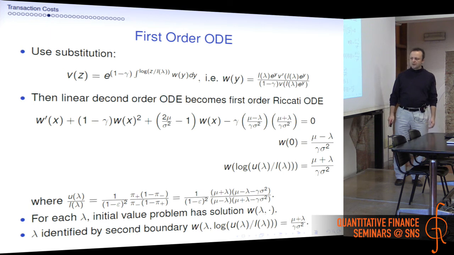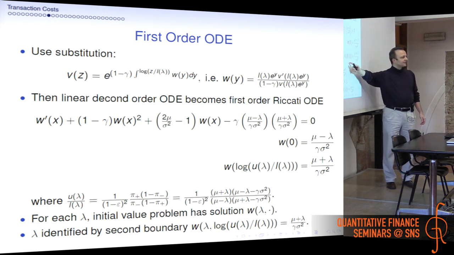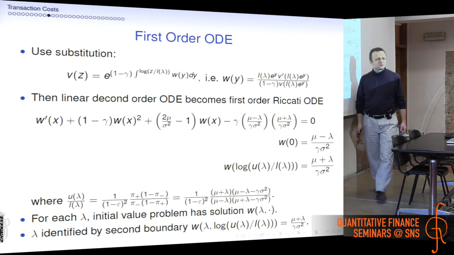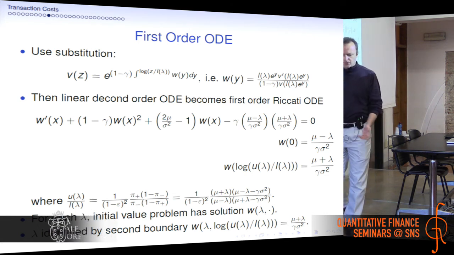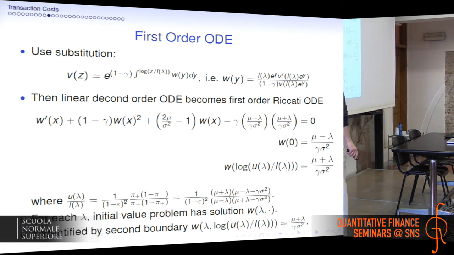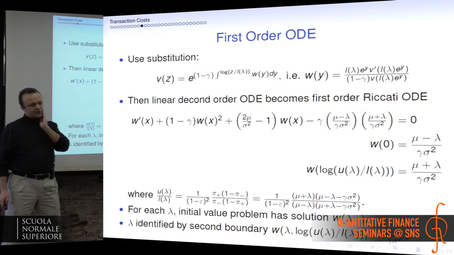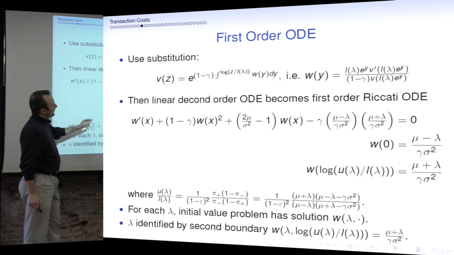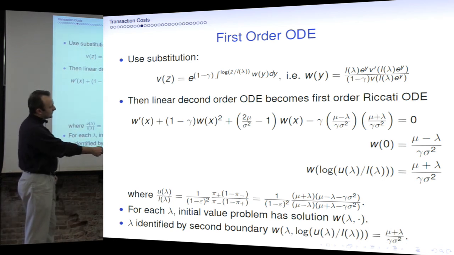But in fact, you can do even better. Well, I don't know if it's better, but you can be even more explicit, let's say. You can solve this asymptotically. So you can ask yourself, if my transaction costs are small enough, and usually they are small, for most stocks these days probably 0.1% or lower, can I find an expansion of lambda?